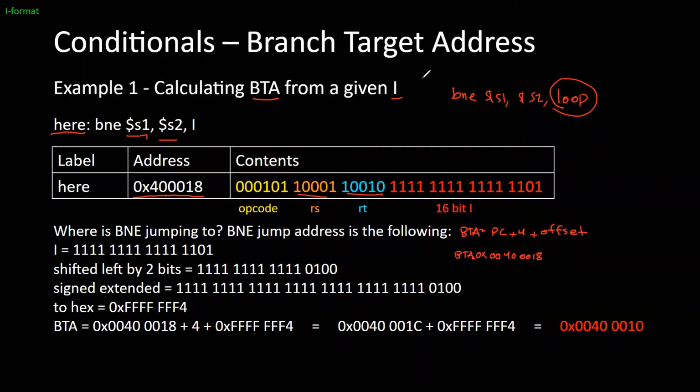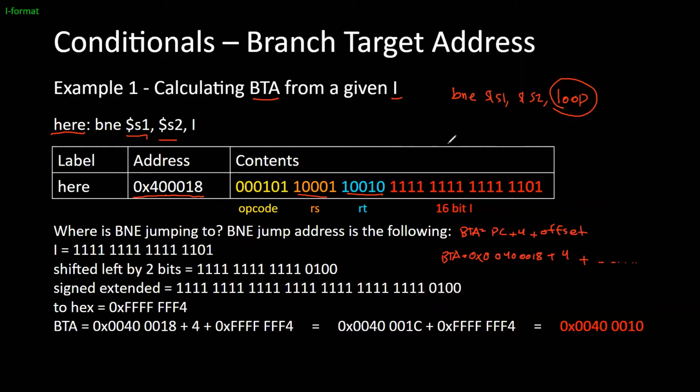Okay, let me write this properly. So BTA is equal to hex 0040 0018 plus 4 plus offset. So what is the offset? We don't have the offset here right now.